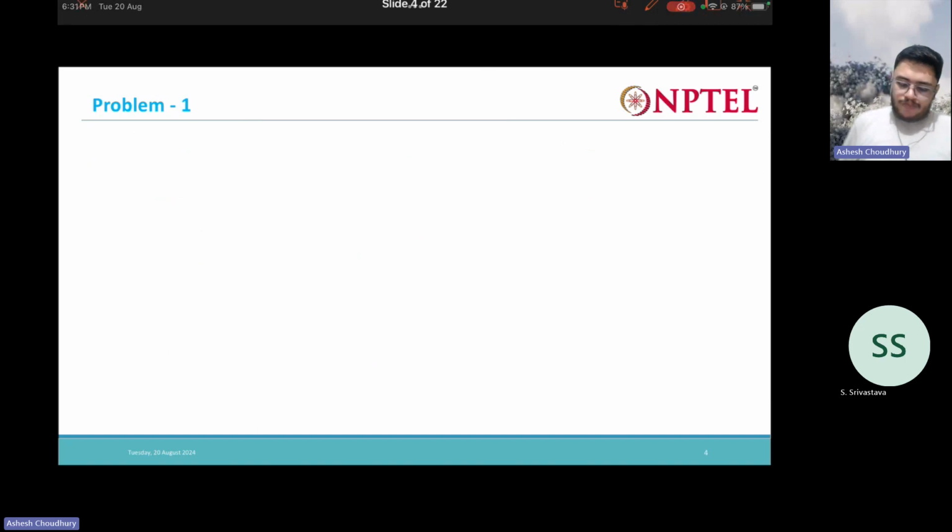Now see, the ultimate tensile strength is given to us, right? So what are we going to do? We are going to reduce it by some reduction factors to get the allowable tensile strength.